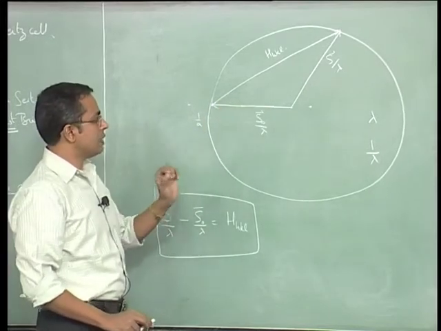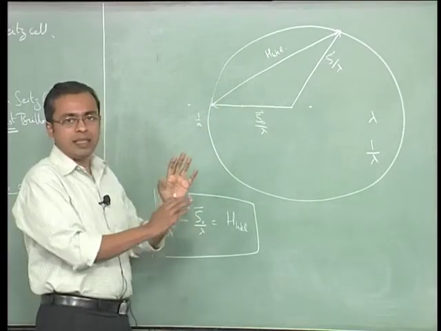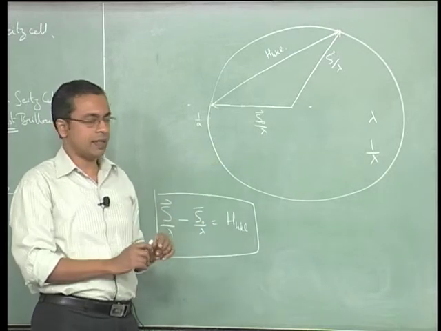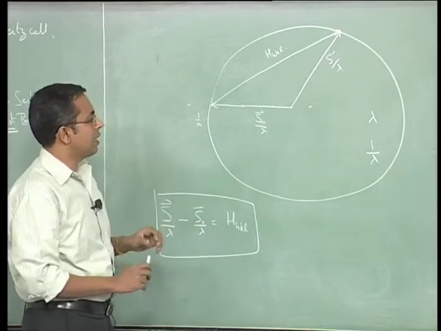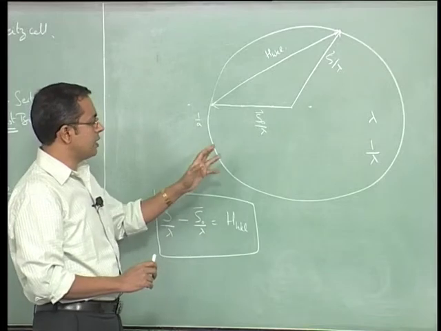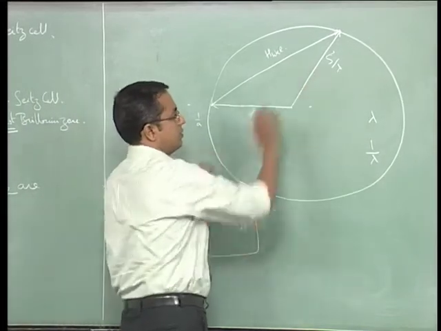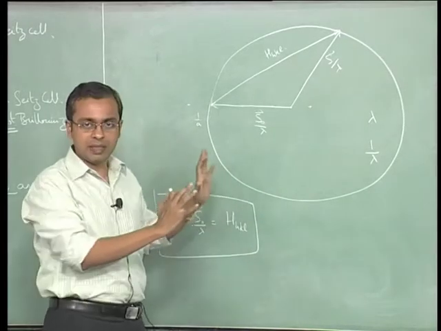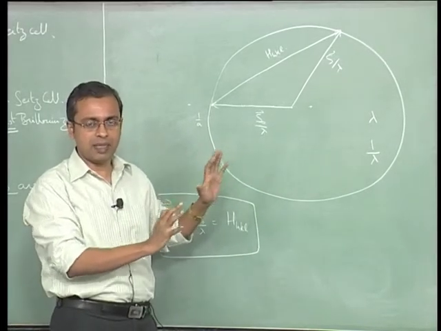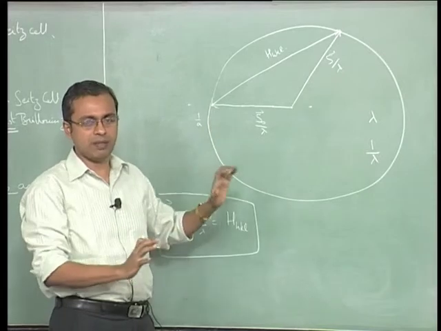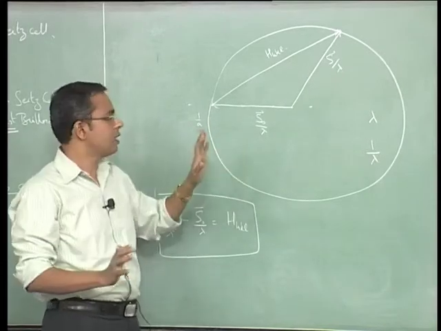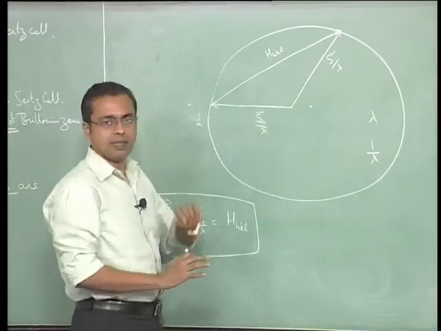Now let us look at something, to relate this to what we have discussed. If you look at this figure carefully, what do we have here? The wavelength lambda is fixed, so that is why we have a circle, or a sphere. For a given wavelength, the circle is fixed.